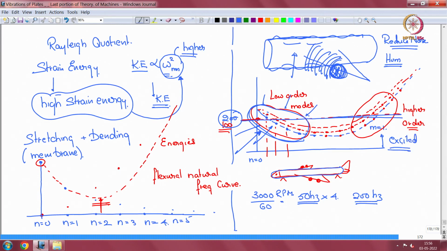You do not get a double benefit. The reason is that your excitation is around 200 hertz to reduce that 200 hertz sound. So around 200 hertz there are so many resonances, so they will go up. That means the aircraft shell will go into vibrations and will cause fatigue. It is not good.